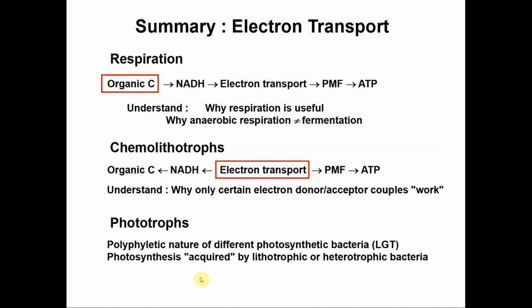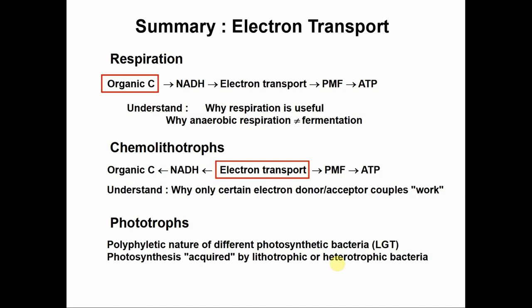One can easily imagine that these were basically sulfur-oxidizing chemolithoautotrophs, and then they boosted their metabolism by acquiring photosystem 1. It's the same for the purple and green non-sulfur bacteria. These are basically heterotrophs, and they boosted their energy metabolism by acquiring the capacity for some type of photosynthesis.